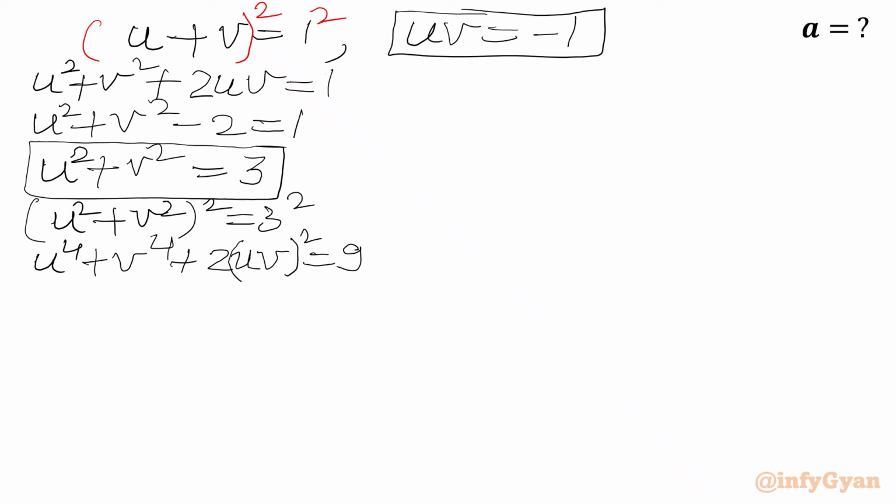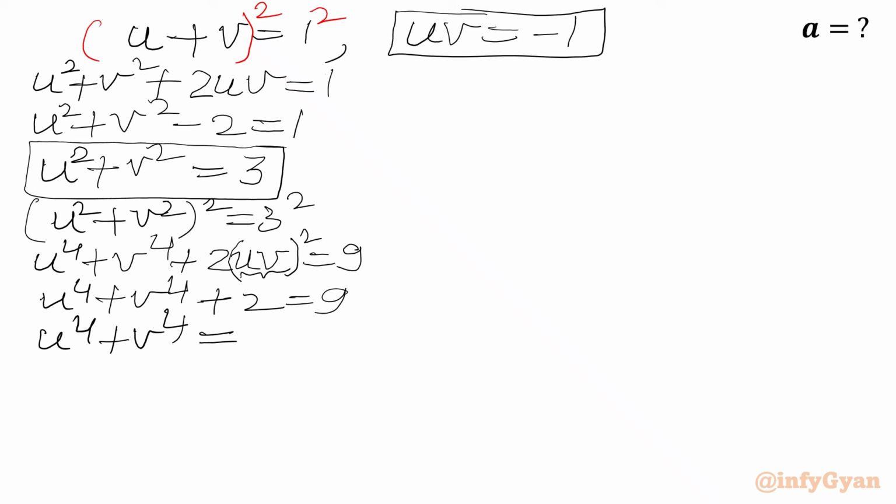Now uv is minus 1, so minus 1 squared is plus 1. In the next step we can write u^4 + v^4 + 2 equal to 9, since 2 times plus 1 is 2. Now we subtract 2 from both sides to get the value of u^4 + v^4. So the value will be 9 minus 2, which is 7. So this is also required for our expression A.